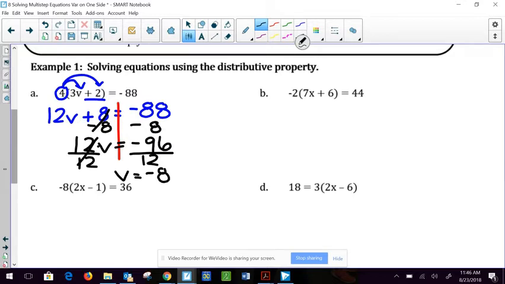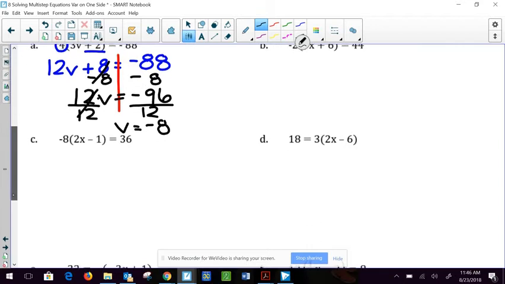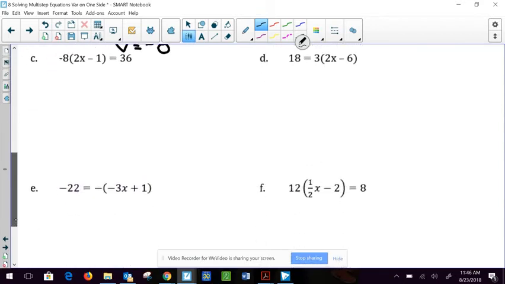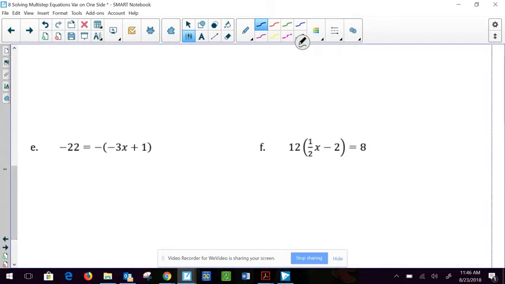The next one I would like to focus our attention on, we're not going to do all of these right now, but I really want to look at problems like letter E. If you look at letter E, it's strange because we have this negative sign outside the parentheses. Whenever you see a negative outside a parenthesis or a negative just in front of a variable, think of it as a negative 1.